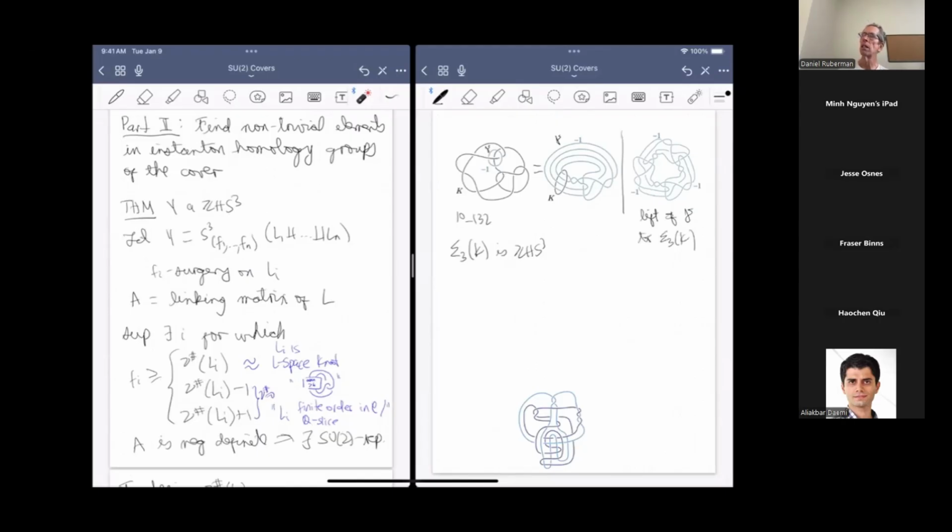And so this homology sphere is going to be the surgery along the lift of the unknotting curve gamma to Sigma 3 of the unknot, which is just S3, right? That's the key here.